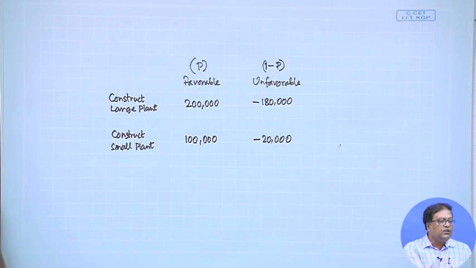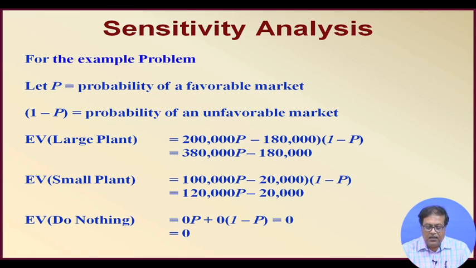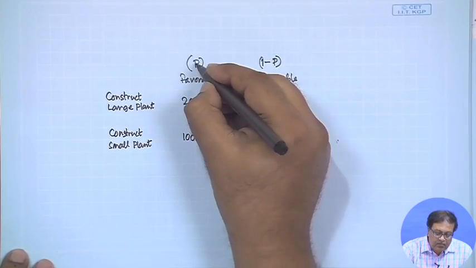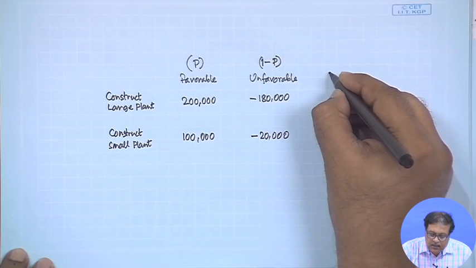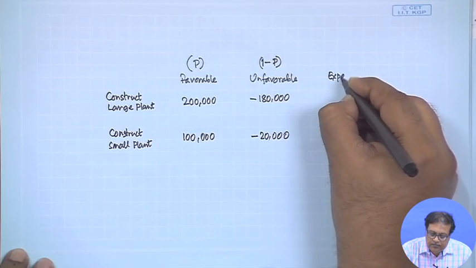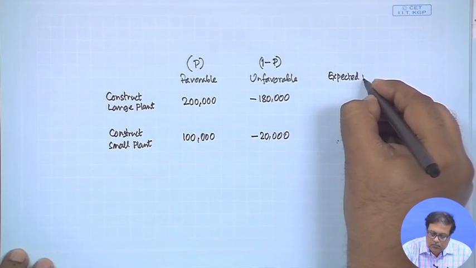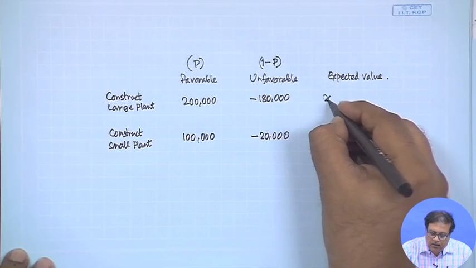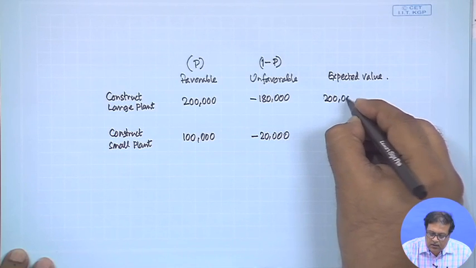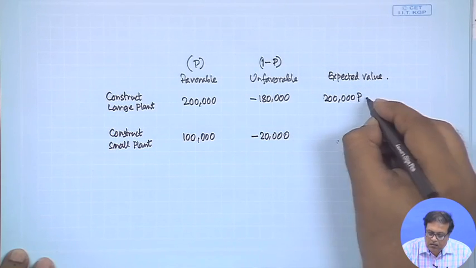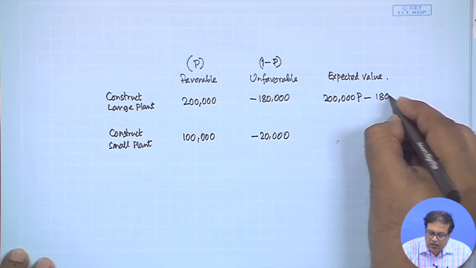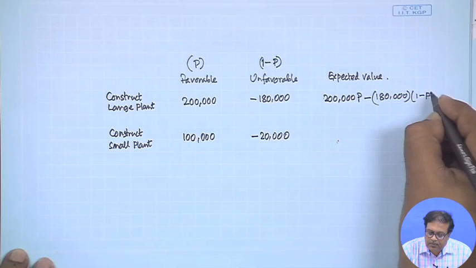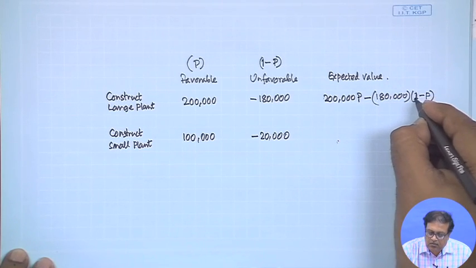So, if you look at the calculations, what would be the expected value? The expected value would come out to be 200,000 P minus 180,000 into 1 minus P, because that is how we compute the expected value.